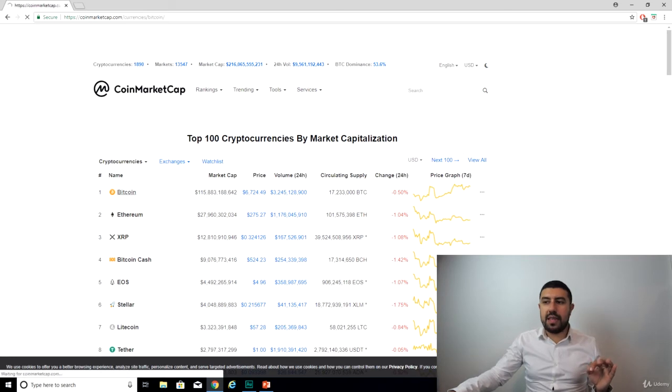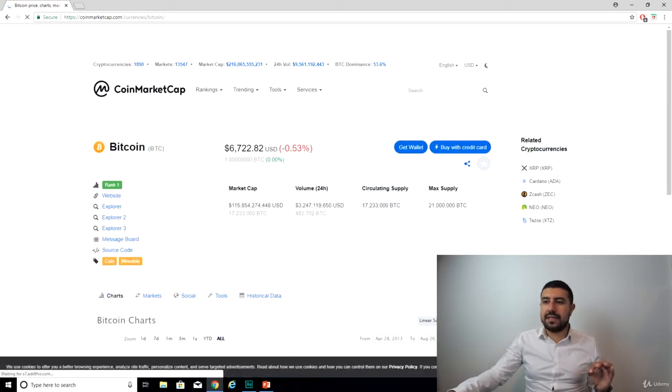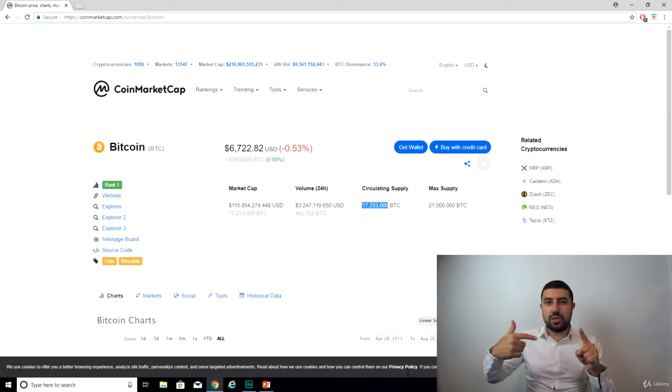For example, Bitcoin right now is trading at $6,700, and there is this amount of supply. Again, the maximum supply for Bitcoin is 21 million, but right now there are 17.2 million Bitcoins. Every time a block gets mined, miners produce a block and confirm it.